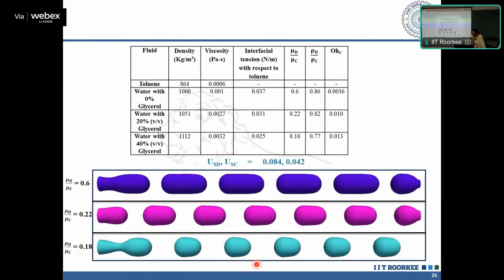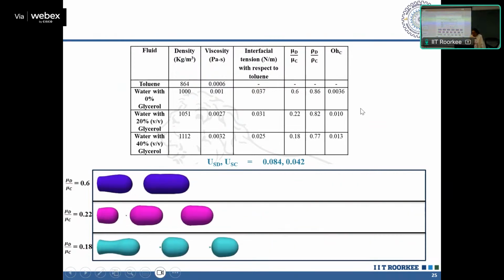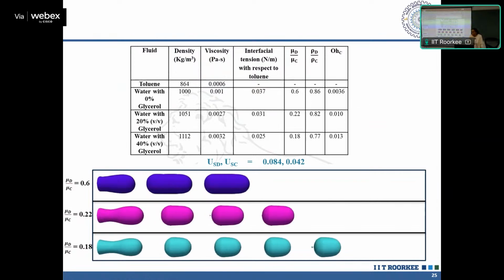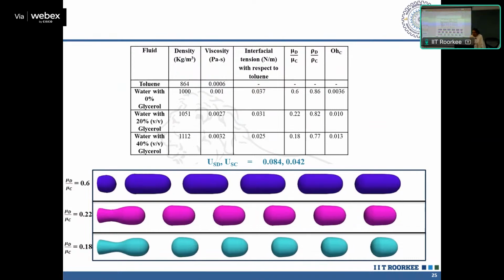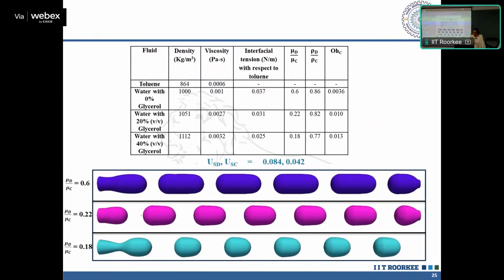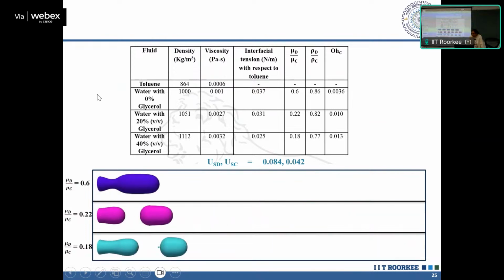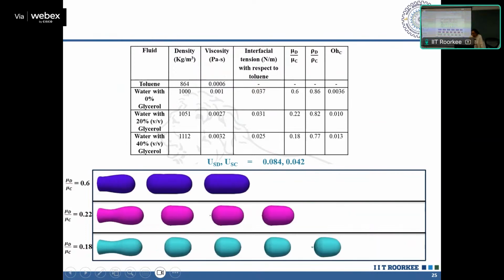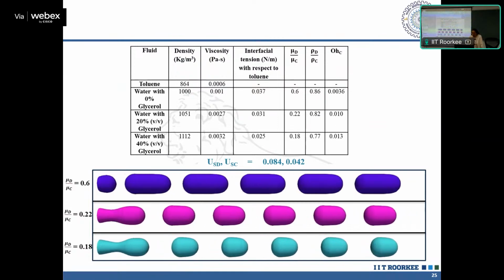We are either reducing the viscosity of the dispersed phase or gradually increasing the viscosity of the continuous phase. So the ratio is decreasing, and you can see it gives a similar result to what we obtained in our experimental observation about the slug size. The slug length is changing more and more. You can observe the shape can also be quite different.